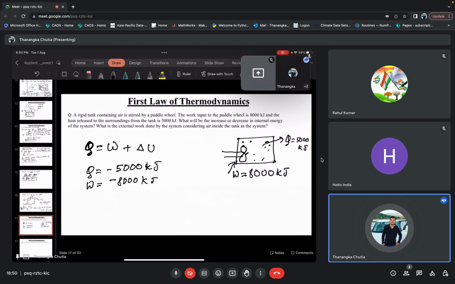You just have to put in the values. So minus 5000 equals minus 8000 plus delta U.